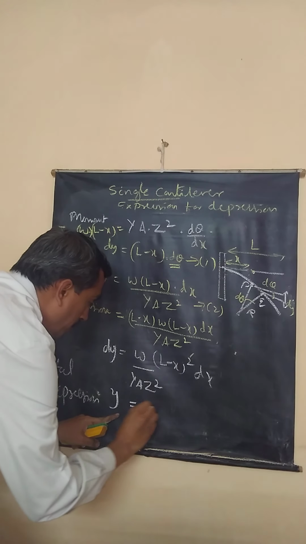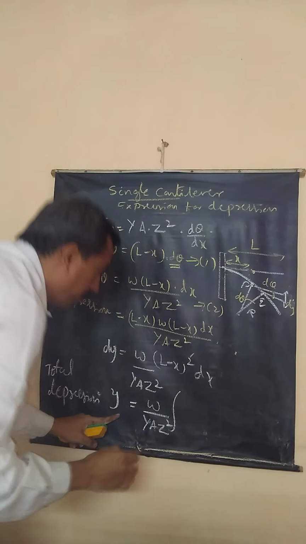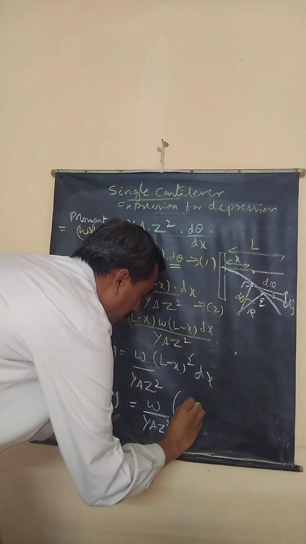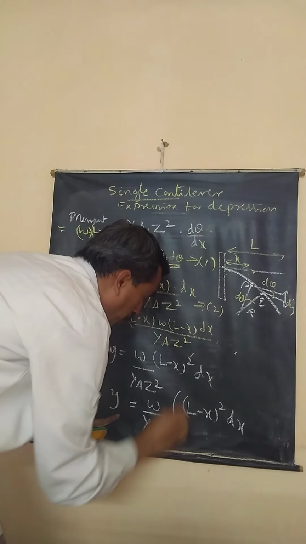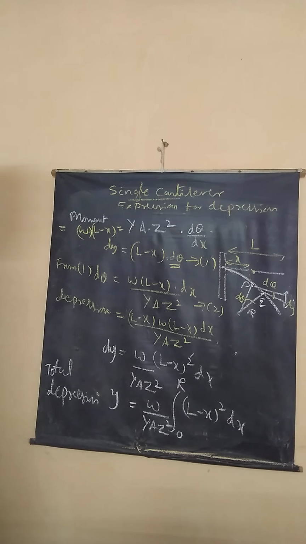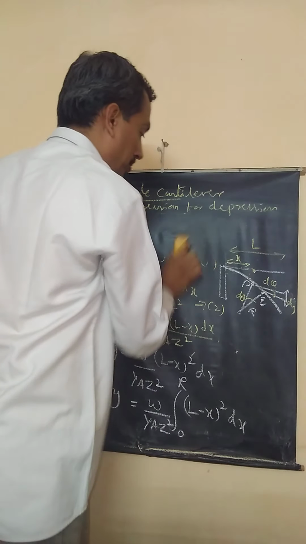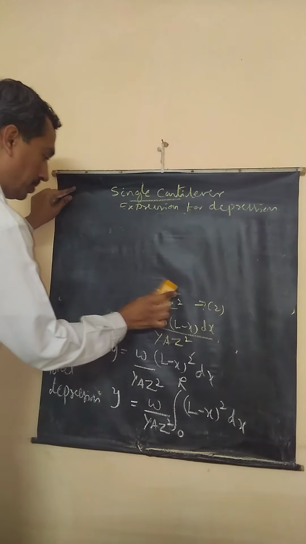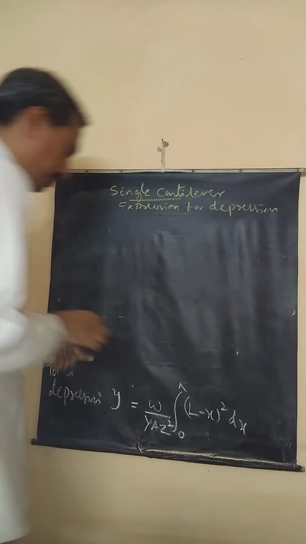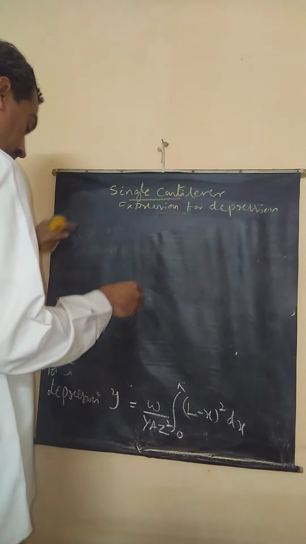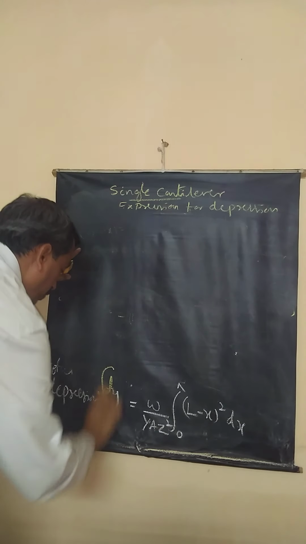Total depression is equal to integration of omega by Y A z square into L minus x whole square dx from 0 to L. So now let us integrate that. Total depression is integration of dy.